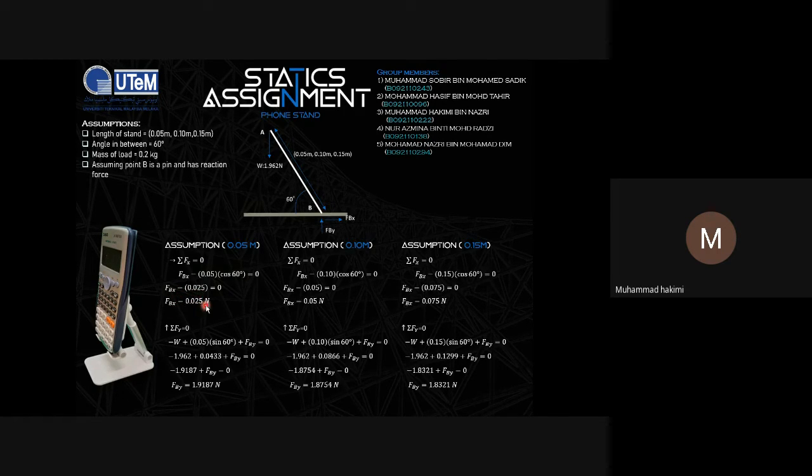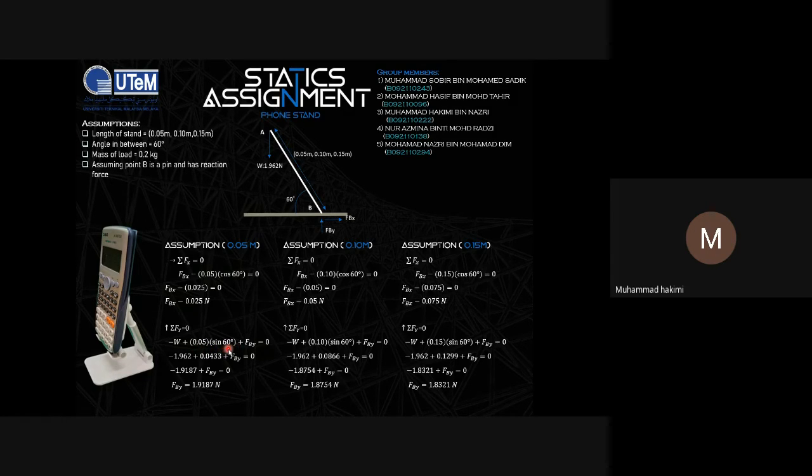Next, on the y-axis, we also know the net force on the y-axis is equal to 0. But this time, we have a third force, which is weight: negative weight, plus FBA, plus the reaction force at point B on the y-axis. To find the force FBA, we use the length of stand 0.05 times sin 60 degrees.